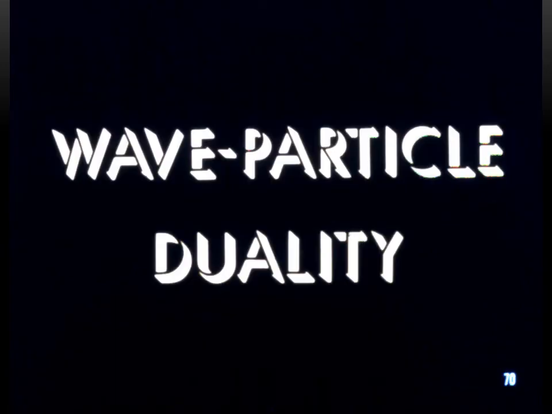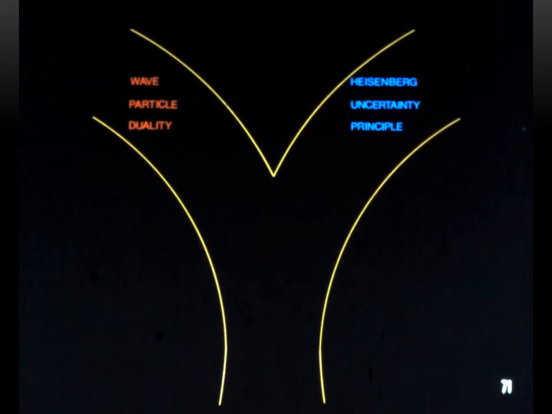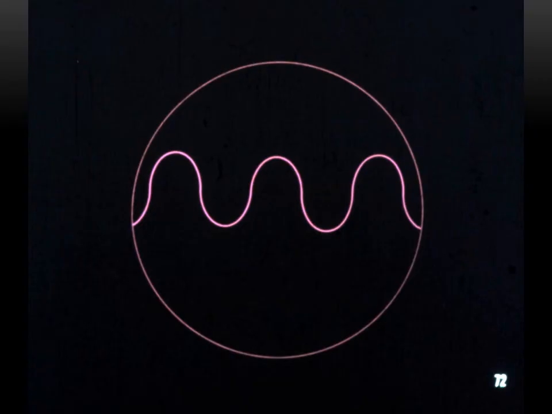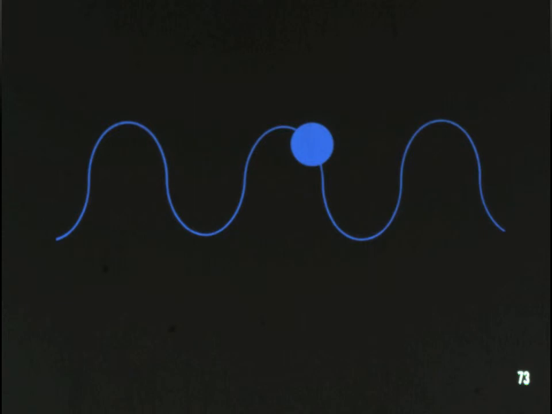We are then led to a more subtle concept of wave-particle duality. Wave-particle duality and the Heisenberg uncertainty principle are, in fact, different aspects of the same underlying reality. It is not enough to visualize an electron as a particle with a wave aspect or as a wave with a particle aspect.